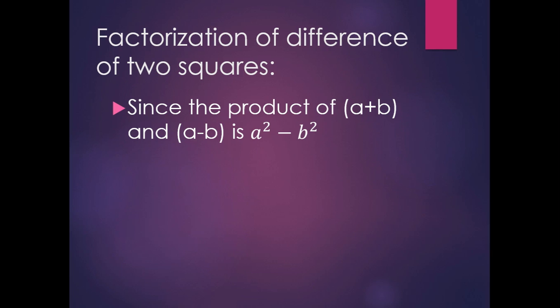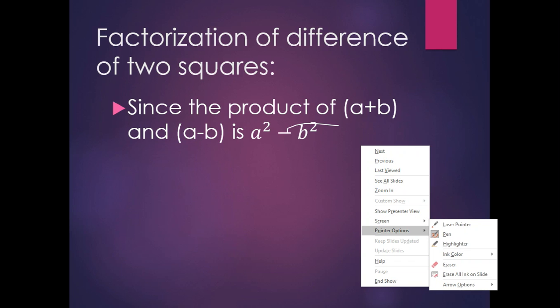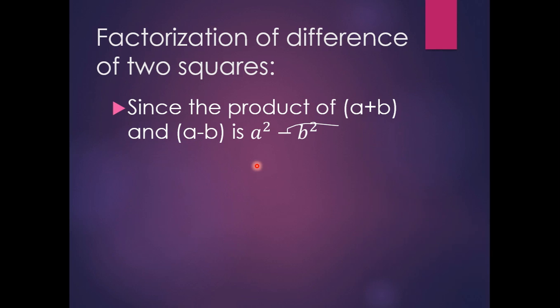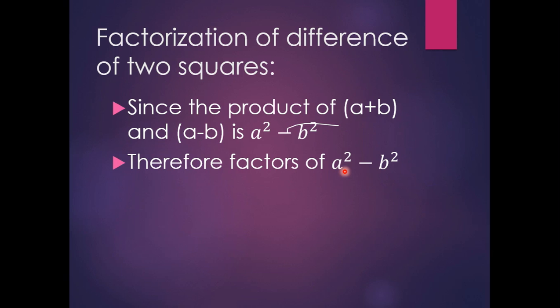So if you multiply two terms or two expressions and you get a third expression, then these two terms or two expressions are the factors of this third expression. Therefore the factors of a square minus b square equal a plus b times a minus b, because multiplying a plus b and a minus b we will get a square minus b square.